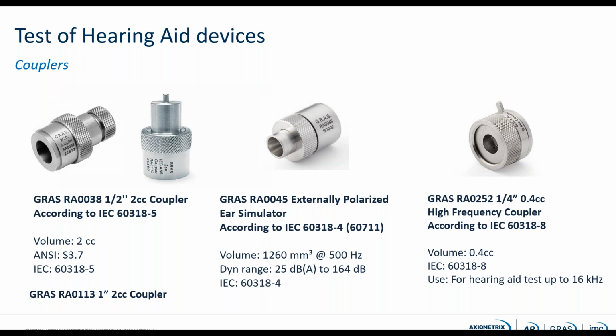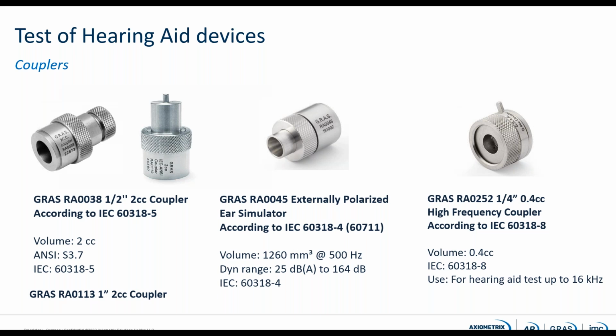In production lines, an occluded ear simulator, according to the IEC 60318-4, can also be used. This standard also refers to the old, very well-known standard in the industry as the 711 coupler. The internal volume in an occluded ear simulator is 1.26 cubic centimeter.